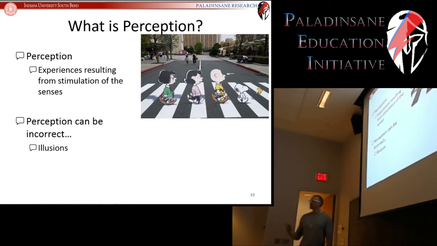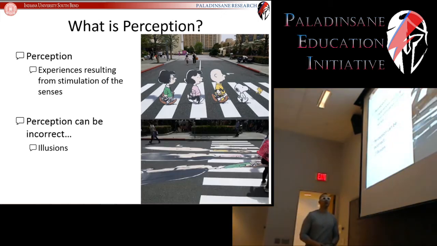It looks like somebody took cardboard cutouts and painted them to look like the Peanuts characters, and then stood them upright on this road, and then took a photograph of them. So that's what it looks like. That's what your perception of this external reality is. In this case, though, your perception is completely incorrect because that's an anamorphic painting, and there's no cardboard cutouts, and this is what is actually painted on the surface of the street.